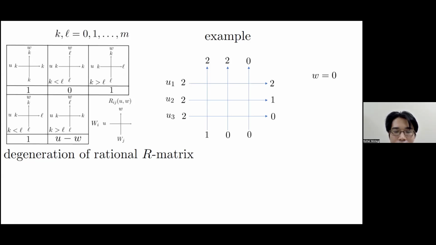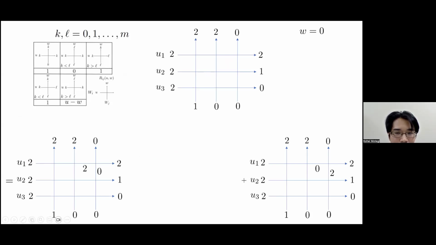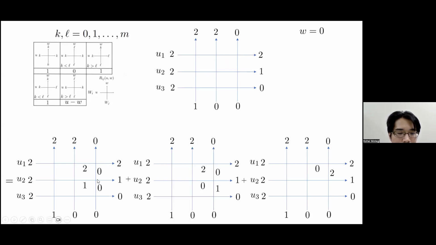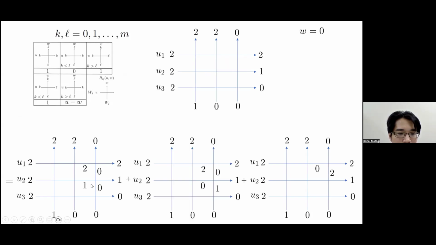For example, if you see this part, there are two choices at the top right part. You have, for example, 2 0 or 0 2 here, and then if you look further, in this part you have either choice 1 0 or 0 1.